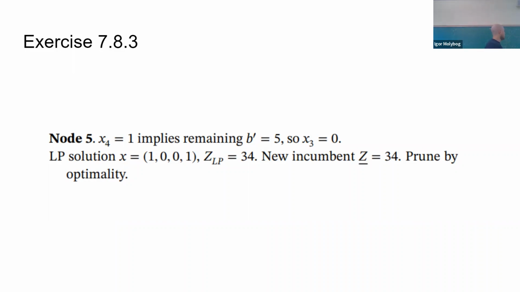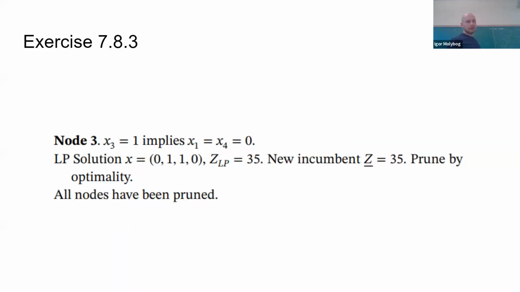After we have updated the lower bound for node 5, we can update it also for node 2, 34, node 1. And the only thing that we need to consider now is node 3. In node 3, x1 must be equal to 1. x3 must be equal to 1, which implies that x1 and x4 must be equal to 0.